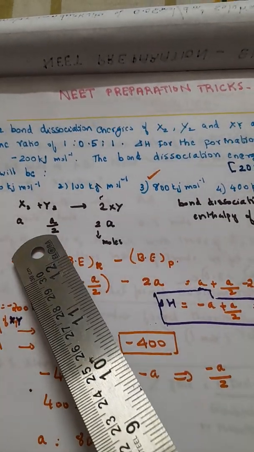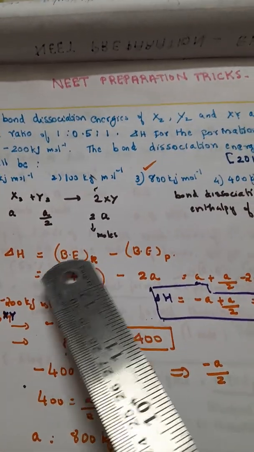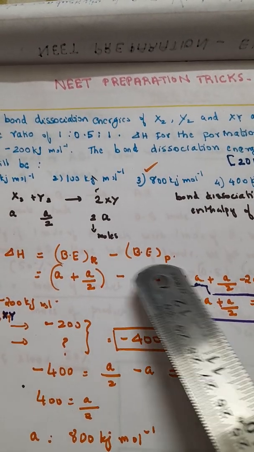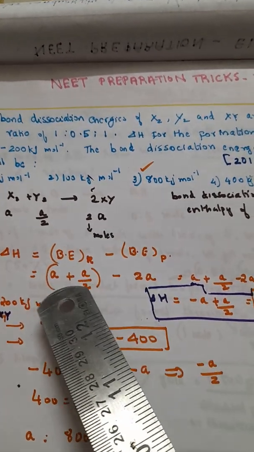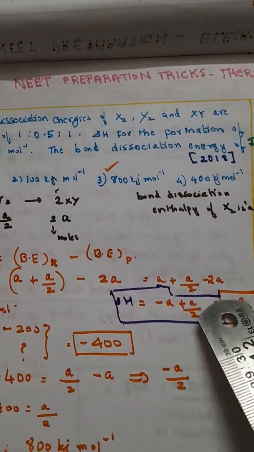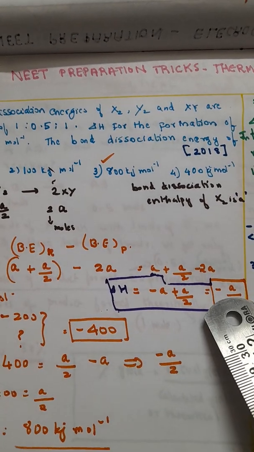The reactants here are X2 and Y2, so A plus A by 2, minus the bond dissociation energy of products, which is 2A. So A plus A by 2 minus 2A, which is minus A plus A by 2, equal to minus A by 2.